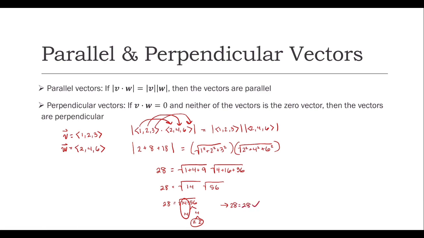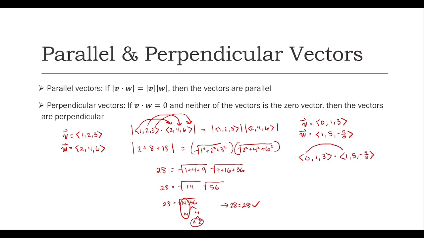For perpendicular vectors, if v dot w equals 0, and neither of the vectors is a 0 vector, then the vectors are perpendicular. So if we had v and w, where v is (0, 1, 3), and w is (1, 5, -5/3), we can see if these are perpendicular by taking v, (0, 1, 3), dot w, (1, 5, -5/3).